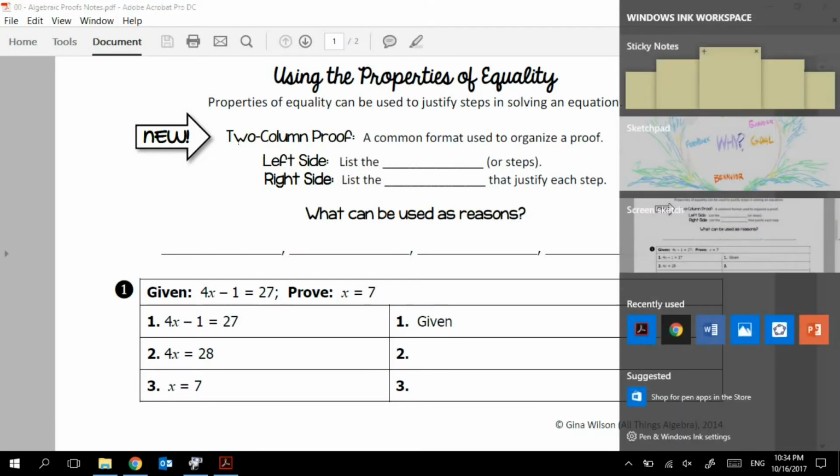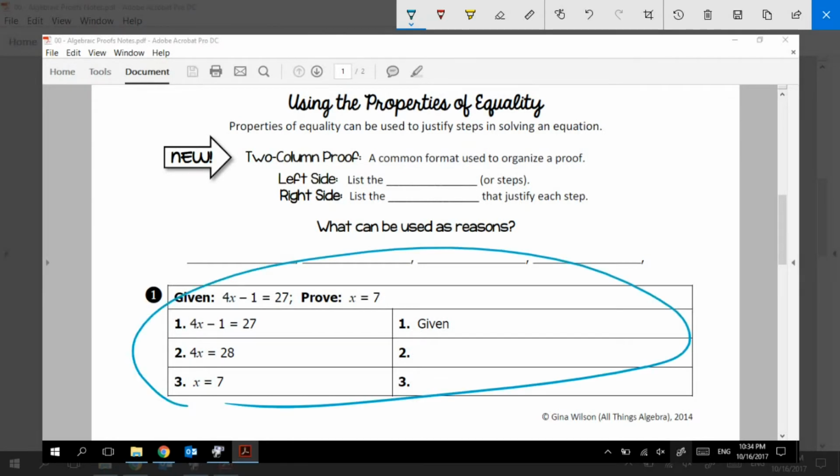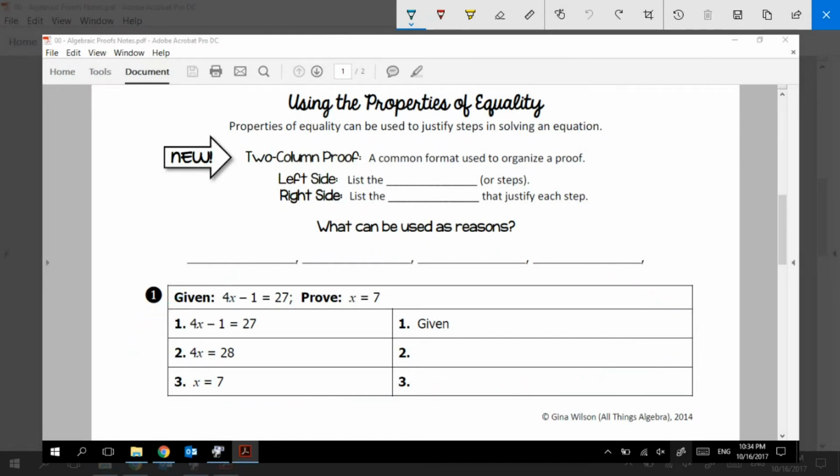All right, so here we go. 2-column proof, a common format used to organize a proof. So it's going to be 2 columns. You can get a sneak peek right here. And on the left side, you're going to list the statements or steps. And on the right side, you're going to list the reasons that justify each step.